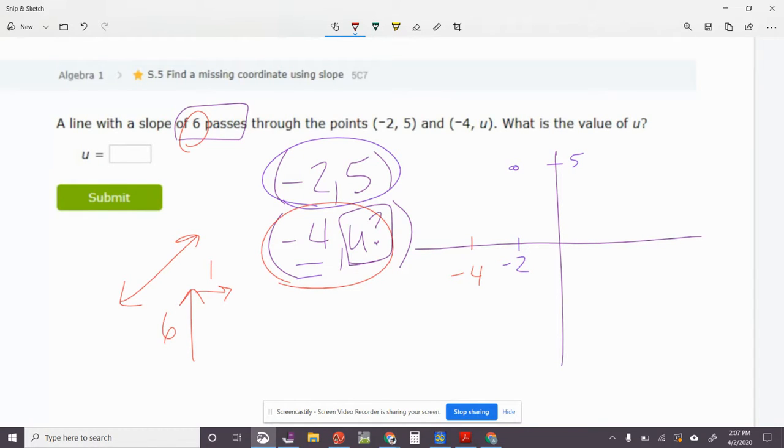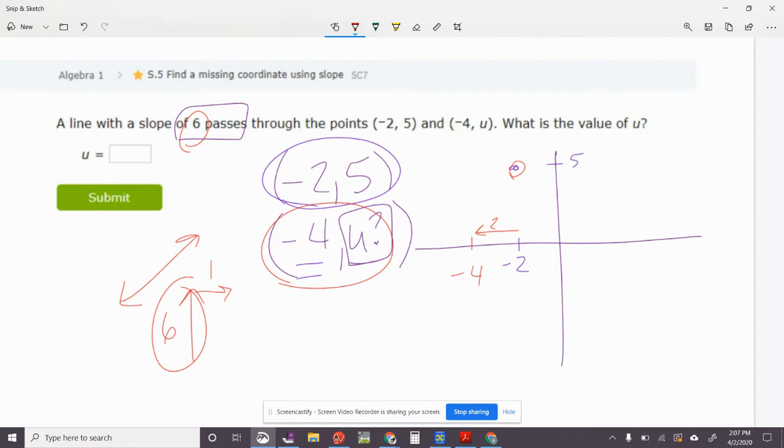And so I know this is at the 5. And so now I just have to figure out, well, it moved twice in this direction, which means it had to move twice this value.